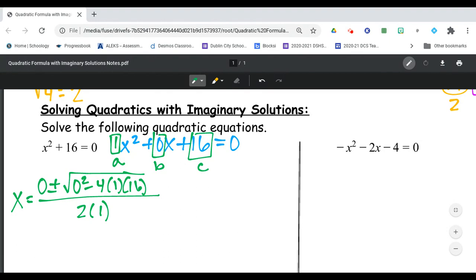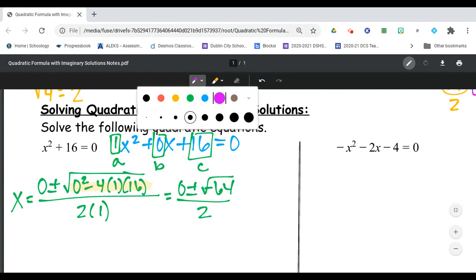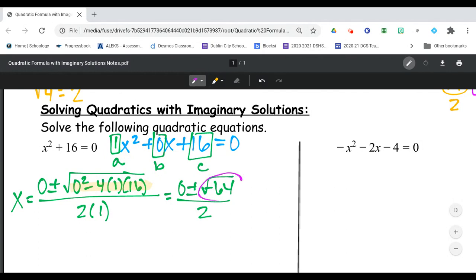Okay, then I will simplify here, and I'm going to take 0 plus or minus the square root. I'm going to figure out what this number is under the radical. So 0 squared is 0. Minus 4 times 1 times 16 is negative 64, over 2. So now I'm going to look at simplifying my square root.